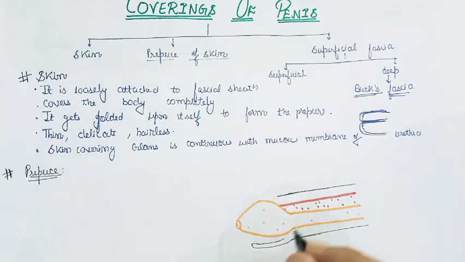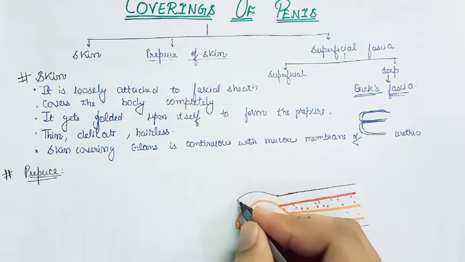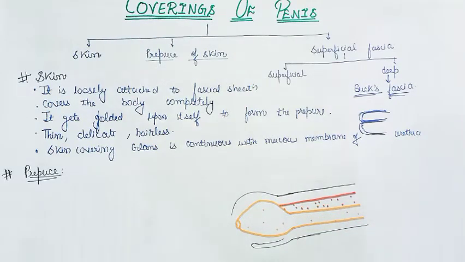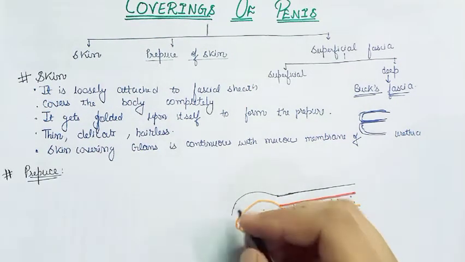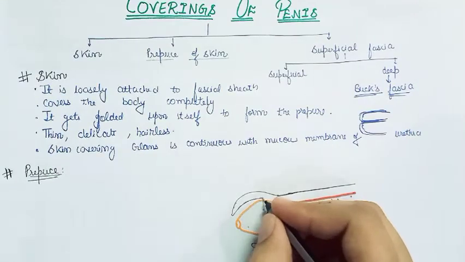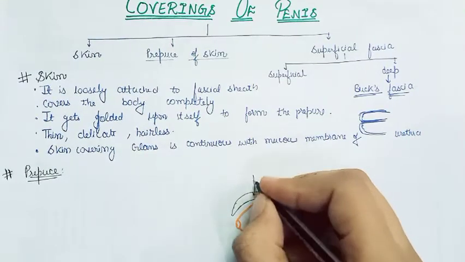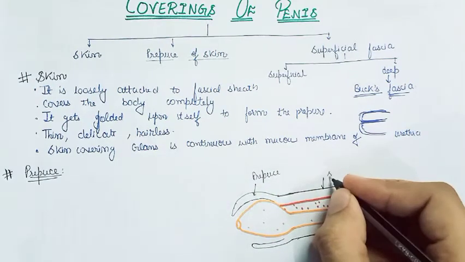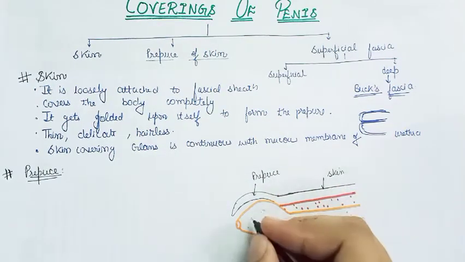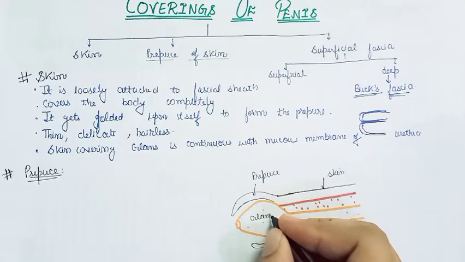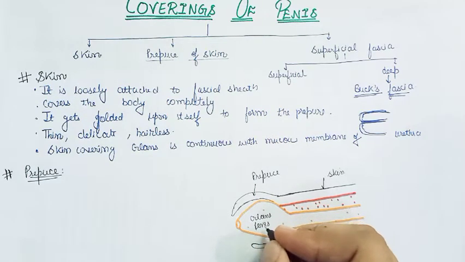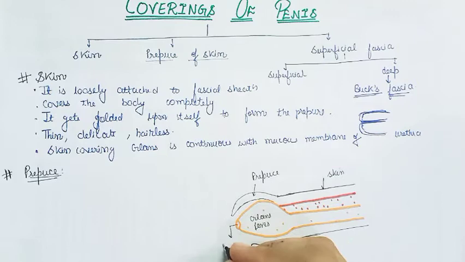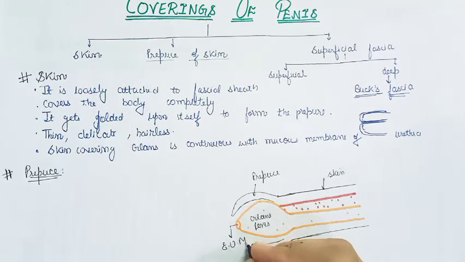So this is the prepuce. Same in the upper dorsal part. This is the dorsal part, and this is the prepuce. This is the skin. This is the glans penis. This is the urethral opening or the external urethral meatus.